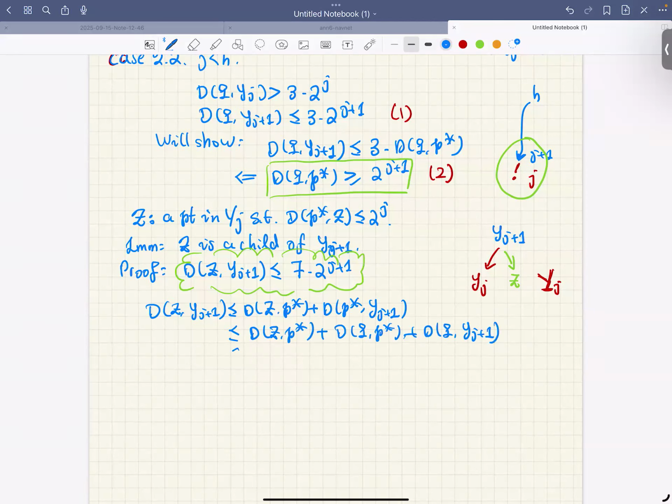Okay. All right, so we know p star is an exact nearest neighbor, right? And yj plus 1 is just some random guy, right? So we know the second term is bounded by the third term. So now we can have this.